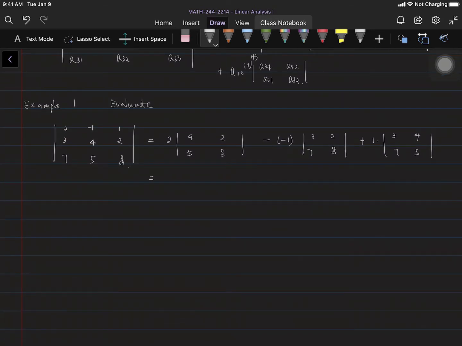So here just do the calculation. 2 times 32 minus 10. And here plus, negative is positive, 24 minus 14, right? And then plus 15 minus 28. Let's simplify this number. 2 times 20, which is 40, and plus 10, and then minus 13.